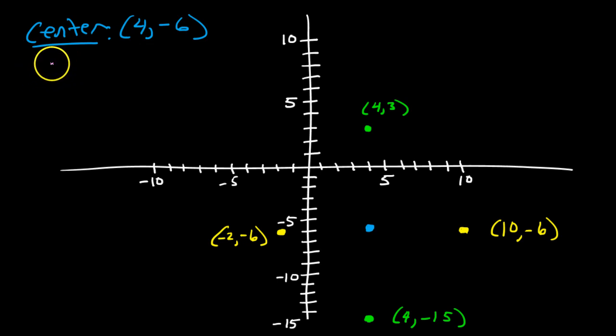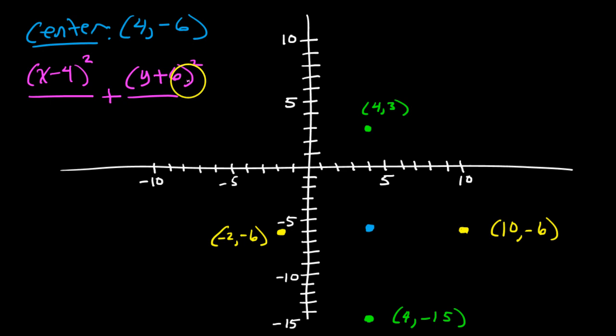So we always start off with the x term when we're writing the equation of an ellipse. And because the center is 4, -6, I'm going to have x minus 4, see how I'm doing the opposite, squared. And then for an ellipse, this is always plus. And then y plus 6 squared, doing the opposite of that.